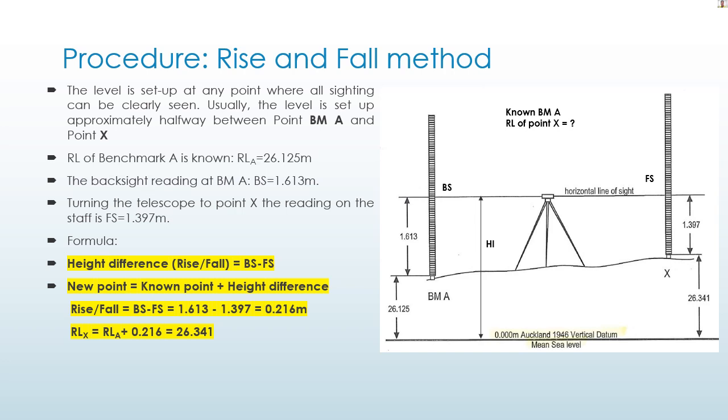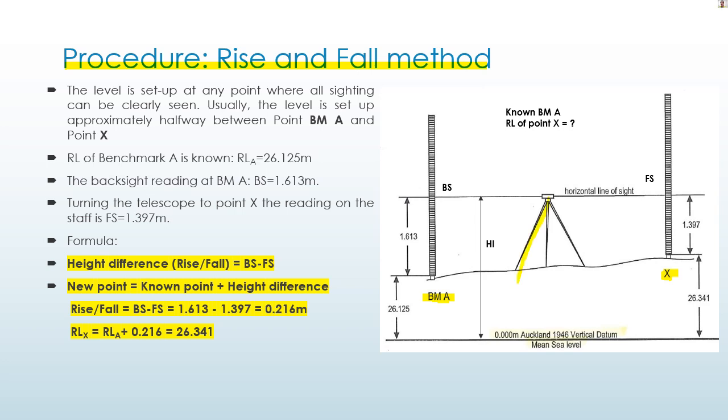To determine the reduced level of point X, which is unknown, from the benchmark A, which is known, there are two calculation methods. The first method is called the rise and fall method.